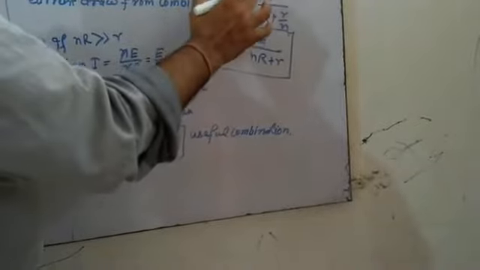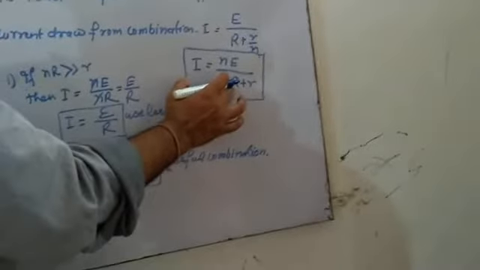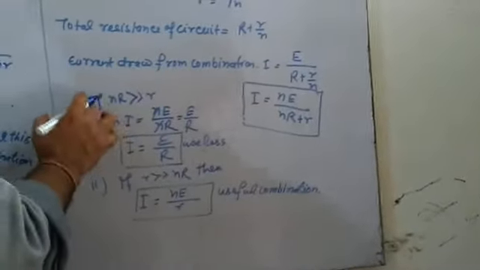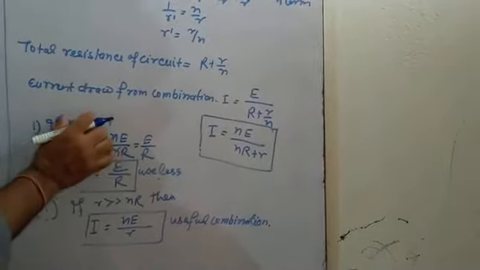Current drawn from the combination I equals E upon R plus r by n, or I equals nE upon nR plus small r.